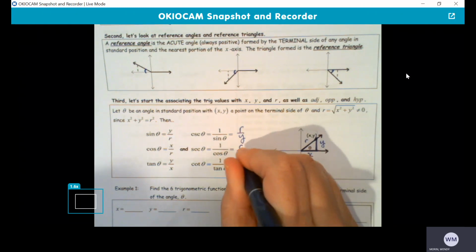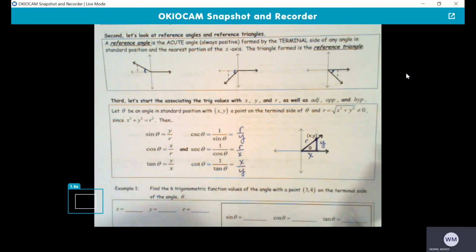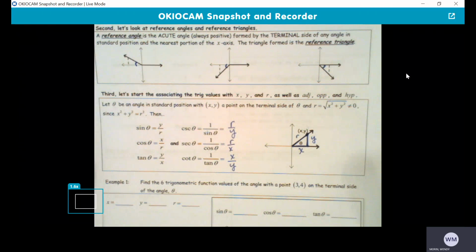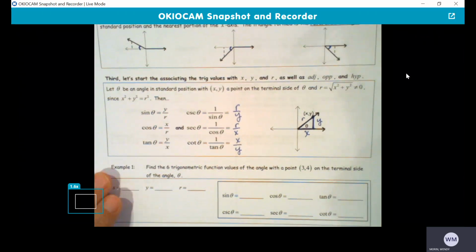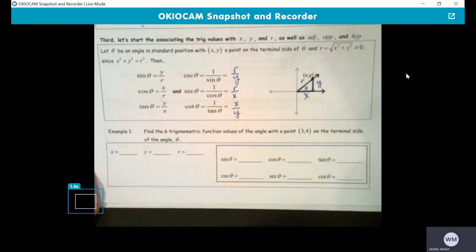Secant is r over x, and cotangent is x over y. So it's another way of thinking of SOHCAHTOA. Again, I tend to not refer to that very much, but some teachers do. I like my SOHCAHTOA. I think it's easier. But again, that will come into play a little bit on our unit circle.